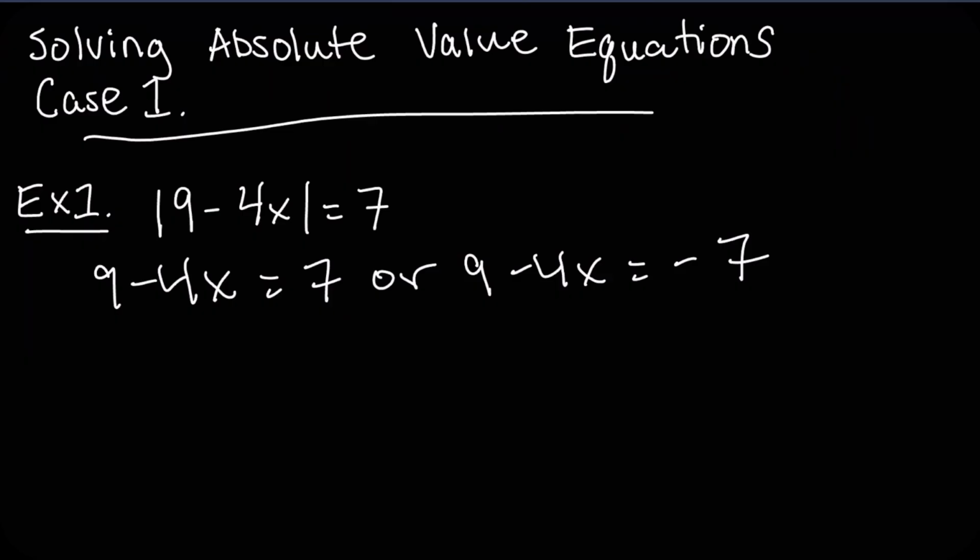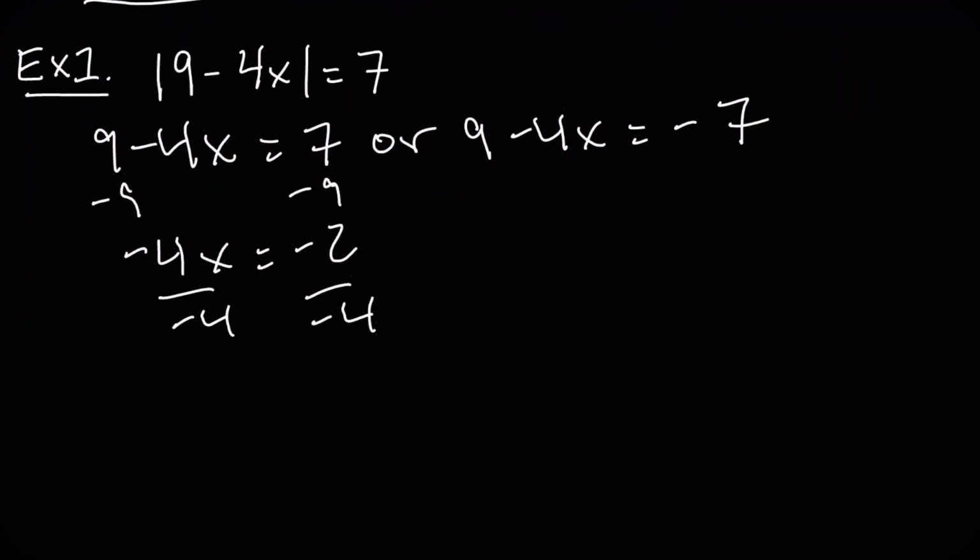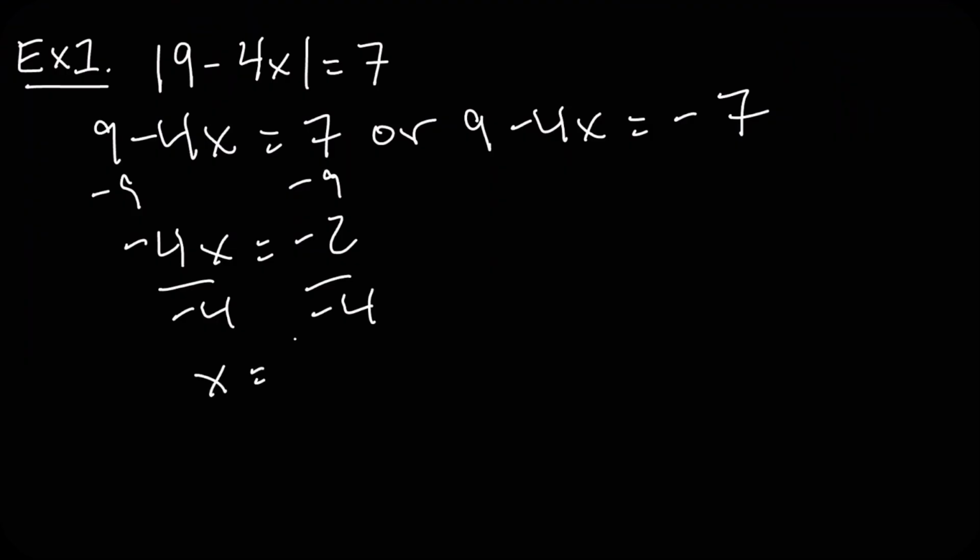Let's subtract a 9. Negative 4x is going to be equal to negative 2, and then divide by negative 4. That should get you a positive 1/2. Then finally, we have 9 minus 4x is equal to negative 7.